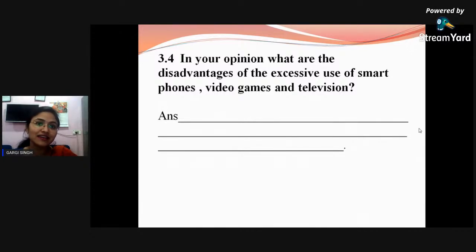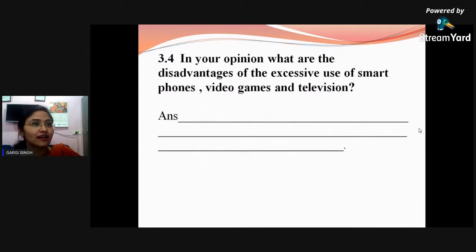Waiting for the comments. What are the disadvantages of excessive use of smartphones, video games, and television? Mayank says it affects health and eyes. Siddharth says your body gets badly affected and you are separated from your family and nature. Very good. All the aspects covered. Harmful for the eyes, Nana says. She says wasting time.